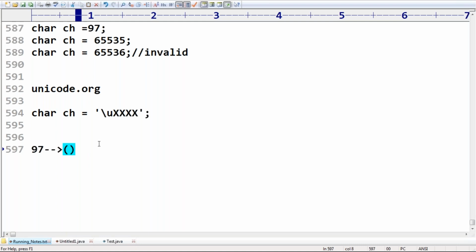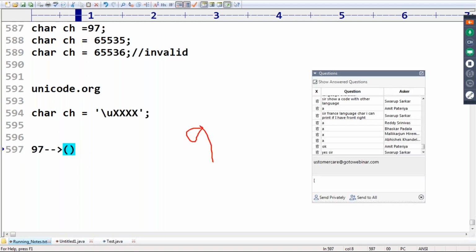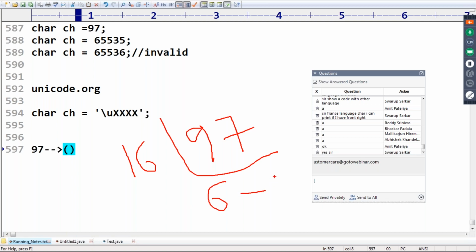Very simple. Divide our number 97 by 16. 16 sixes are 96, and the remainder is 1. So 61 in hexadecimal form represents 97 in decimal.